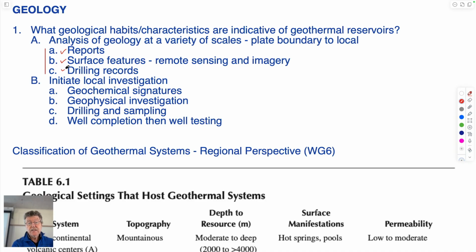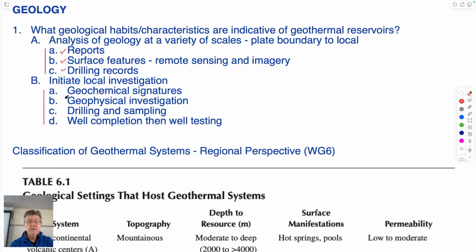Whether drilling records exist, not very likely for pristine locations on continental locations, but there might be. Certainly if you're revisiting a sedimentary reservoir or petroleum reservoirs that you want to use for geothermal, there'd be a bounty of information available. And then once you think that it's a go, then you might do something before any initial other drilling, to be able to figure out exactly what's going on. And so that's what we'll talk about.